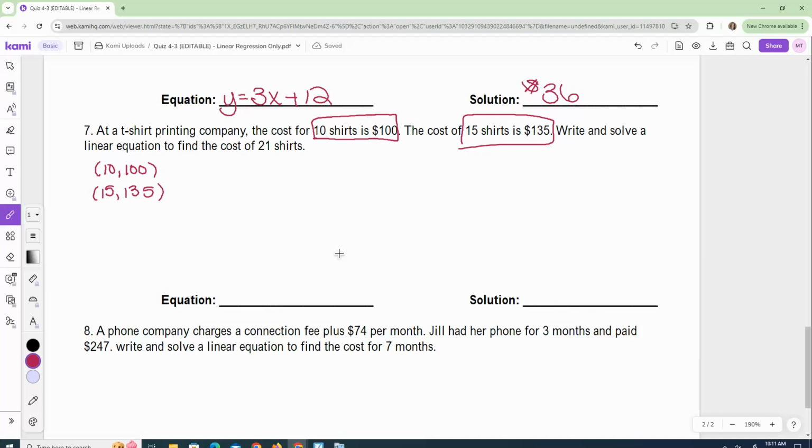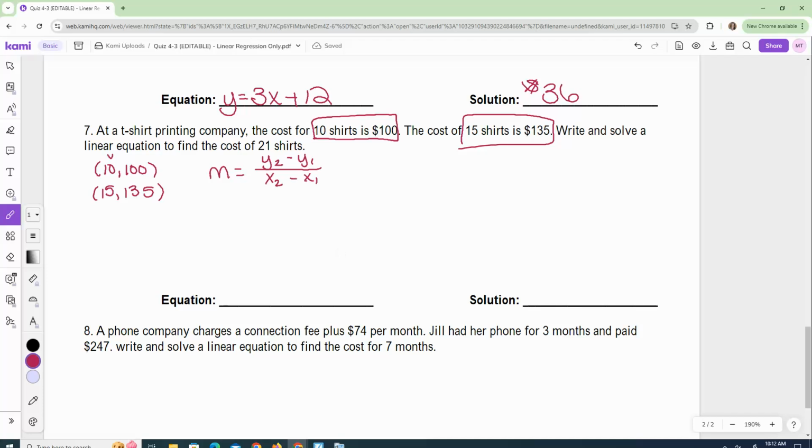If we have 2 points, how do we get the equation from that? What do we have to find? Well, the 135 minus the 100 over 15 minus 10. We have to do our slope. Remember y2 minus y1 over x2 minus x1.